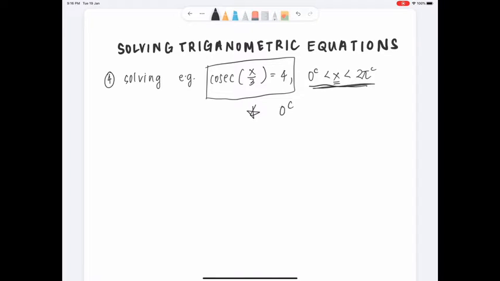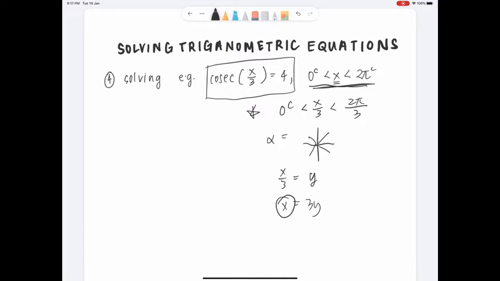So the new domain would be 0 to 2 pi over 3. That means when you have a principal value of x and you're going around the unit circle, you know when to stop. However, at the end, you would need to multiply both sides by 3 to get the final value of x.